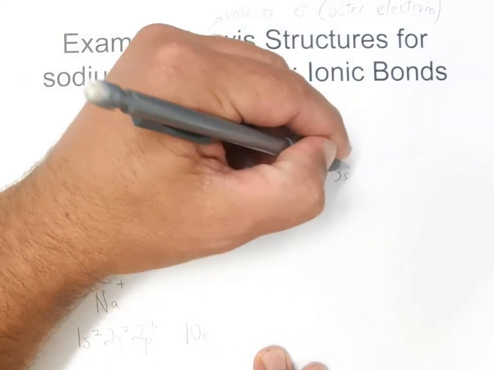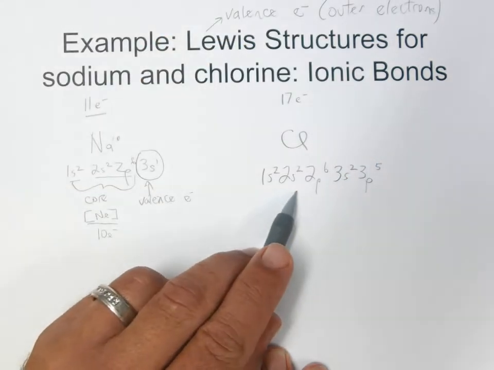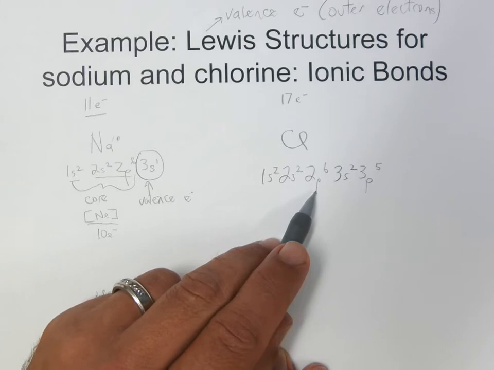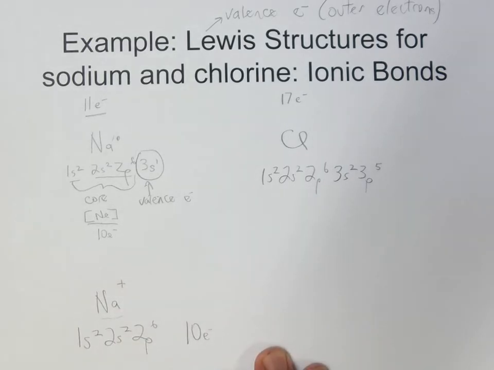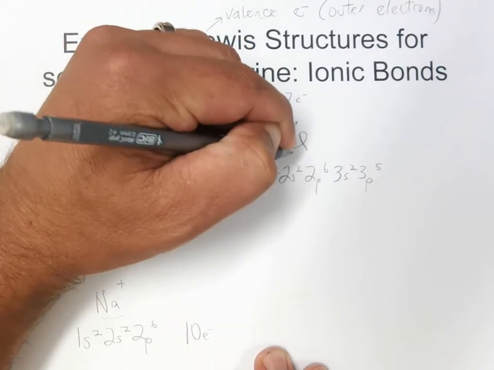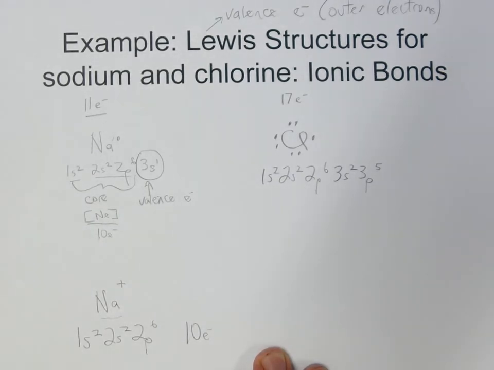And if you go ahead and fill up the orbitals in the right order, you get 1s2, 2s2, 2p6, 3s2, 3p5, which is 7 valence electrons. So you put 7 dots around the chlorine atom to represent the 7 valence electrons, and there's the Lewis structure for the chlorine atom.